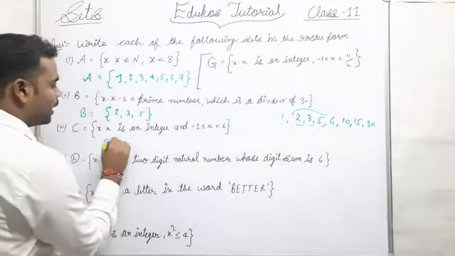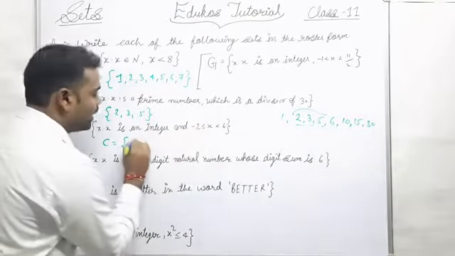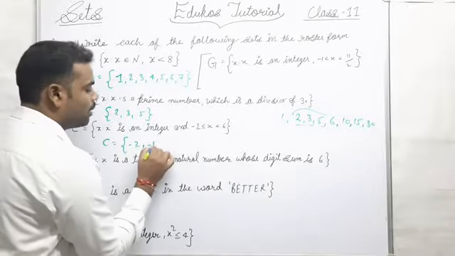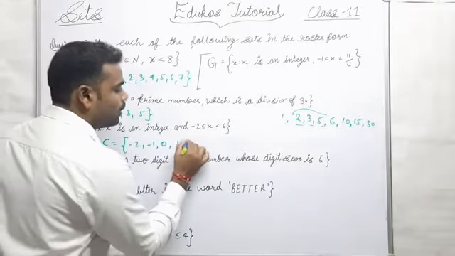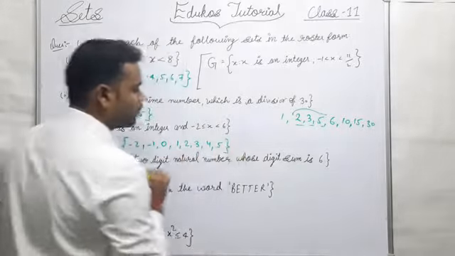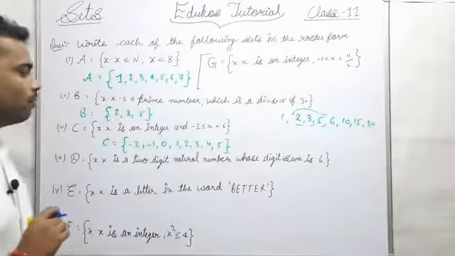Okay, so C can be written as: -2 is also an element because x is equal to it. So -2, -1, 0, 1, 2, 3, 4 and 5. Okay, so this is the set C in roster form.